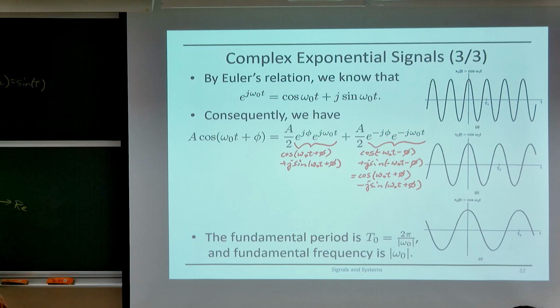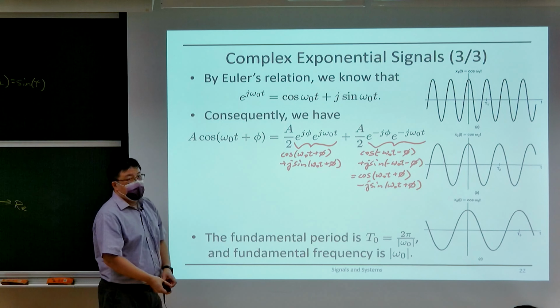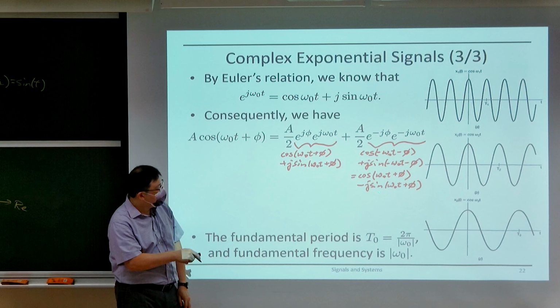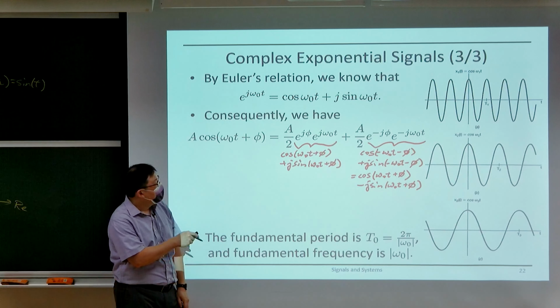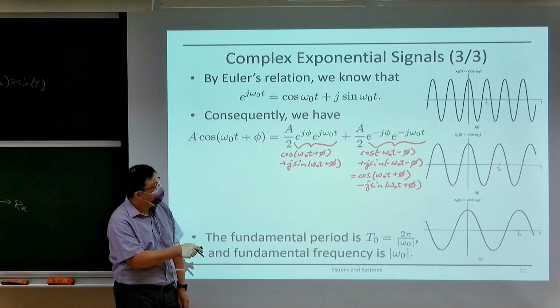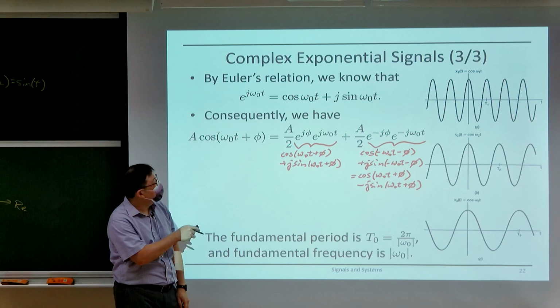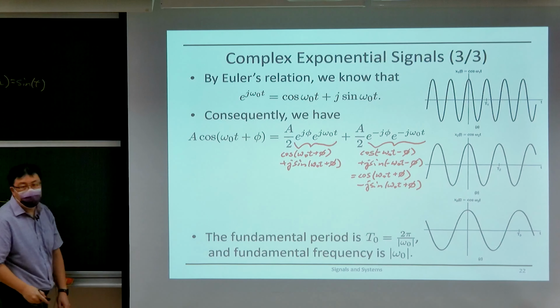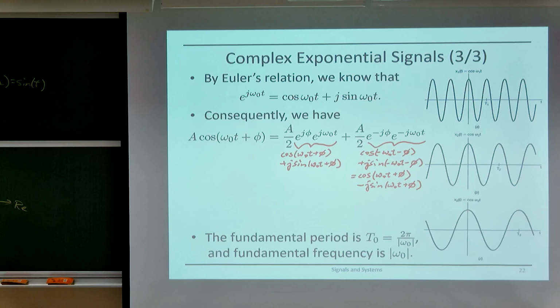So you can see that when you add the two together, the sine cancels out, the cosine plus cosine becomes 2 cosine, the 2 cancels out with the 1/2, and therefore you get the original formula.